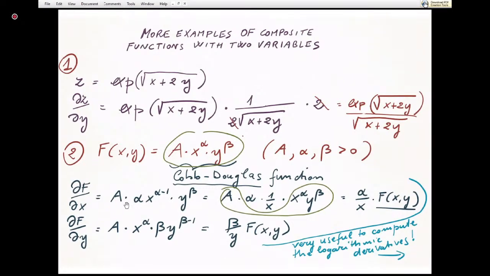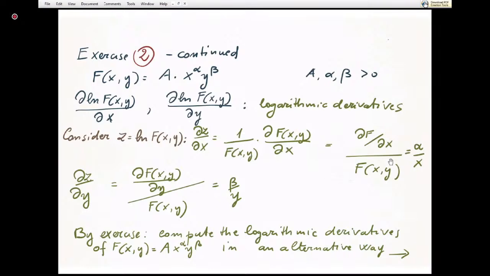But if you take the log derivatives, they are one variable functions. So in the log derivative with respect to x, there is no more dependence on y. Okay? In the partial log derivative with respect to y, there is no more dependence on x. Why is that?